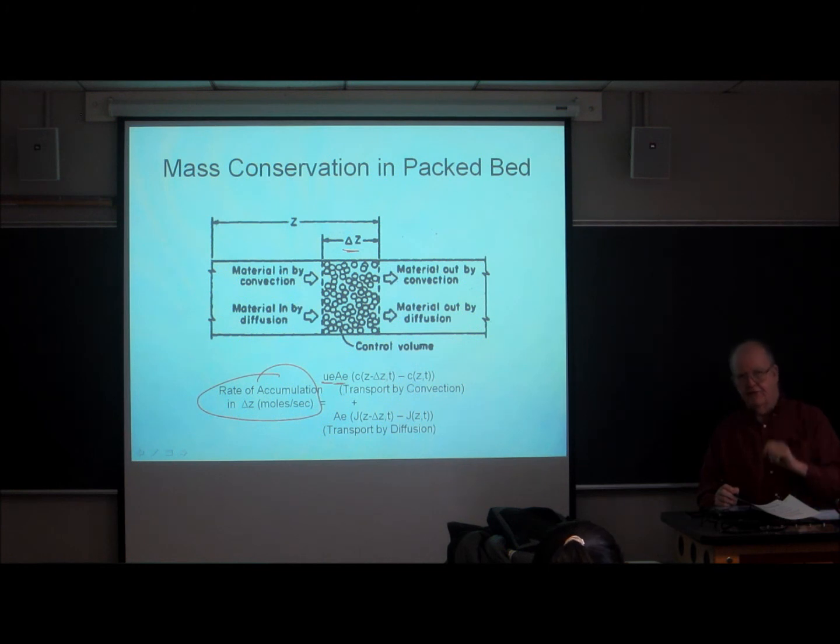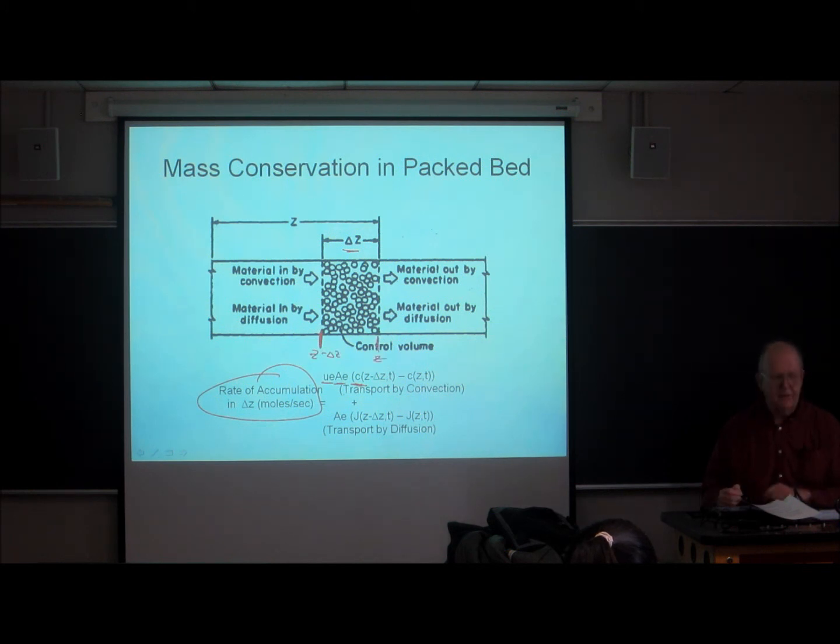The difference from last week's problem is that what gets transported in is the concentration at this point, Z minus delta Z. And what gets transported out is the concentration over here at Z. And the same thing applies to diffusion. It's the cross-sectional area available for diffusion times the diffusional flux in minus the diffusional flux out.